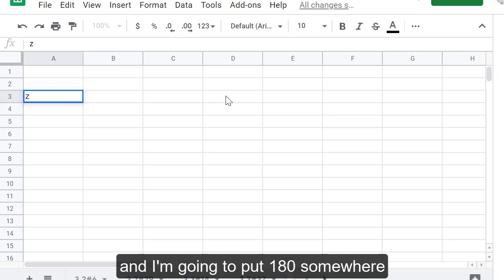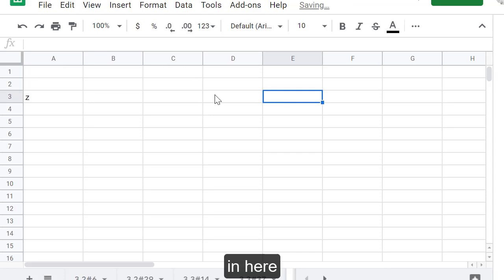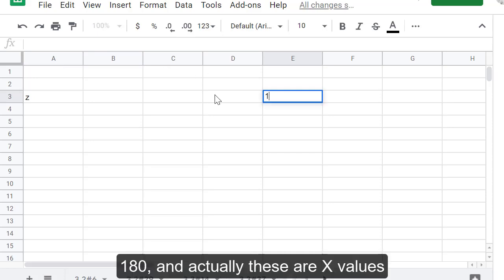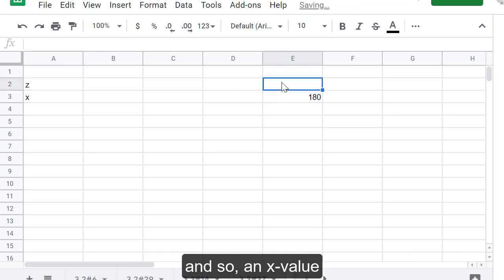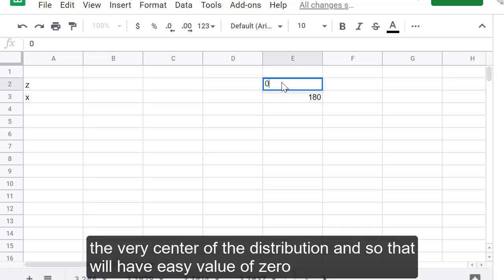I'm going to put 180 somewhere in here, and actually these are x values, and I want to put the z values up on top. An x value of 180 is the very center of the distribution, and so that will have a z value of 0.